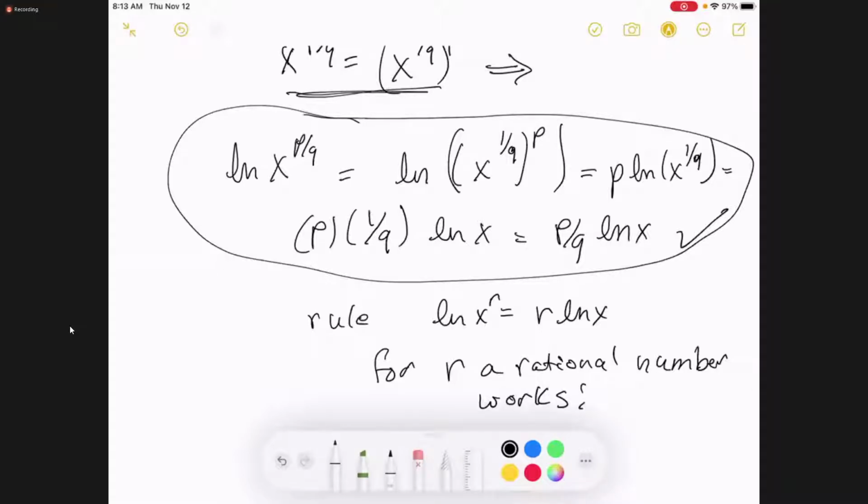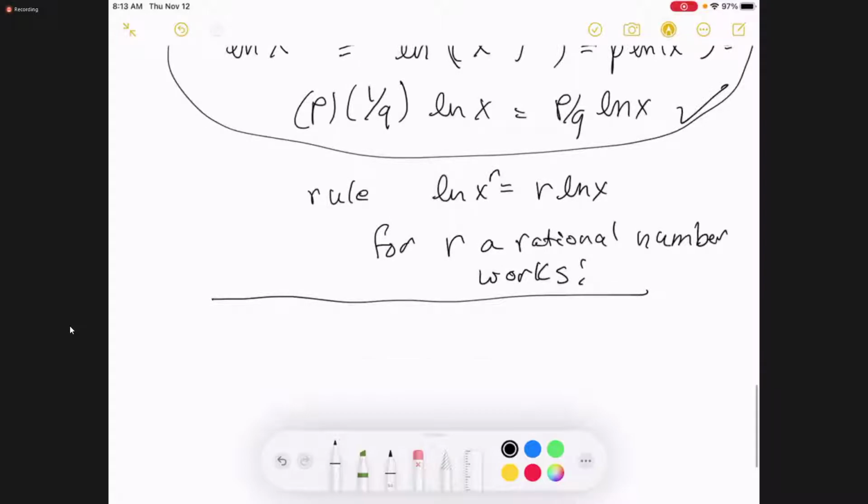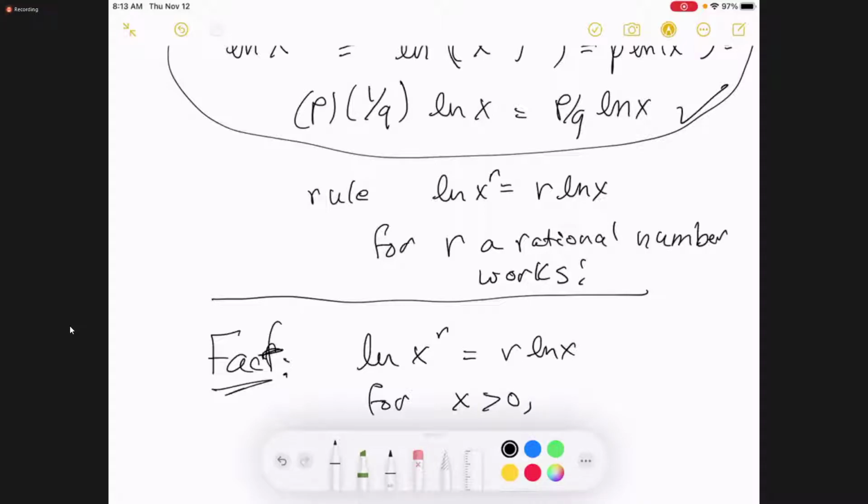Now, it's actually true. Fact: ln of x to the r is r ln of x for x positive and r any number, so rational or irrational.